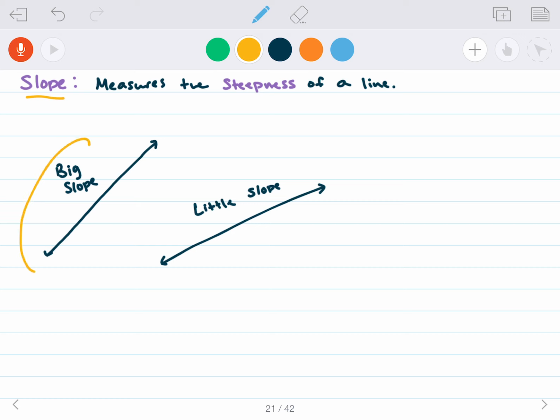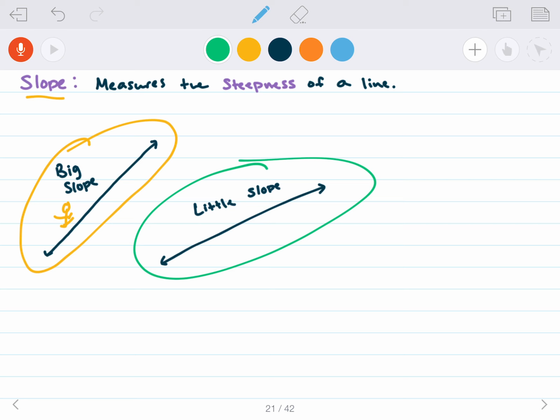So for instance, this has a big slope because it's fairly steep, right? If you were to walk up this thing, it would kind of make you pant a little bit, get a little out of breath. So that has a big slope. This has a not so big slope because it's not as steep, right? If you were to walk up that mountain, it would probably be easier.